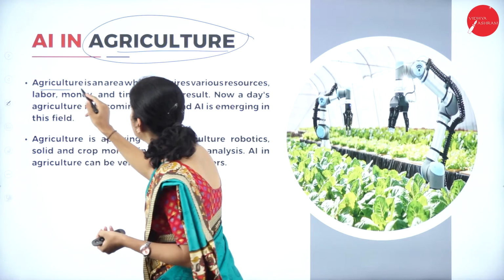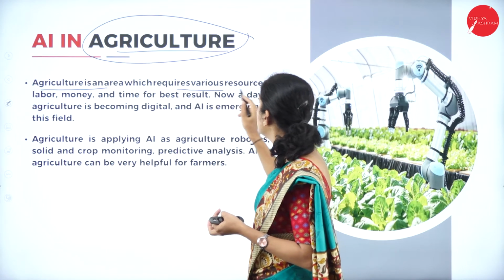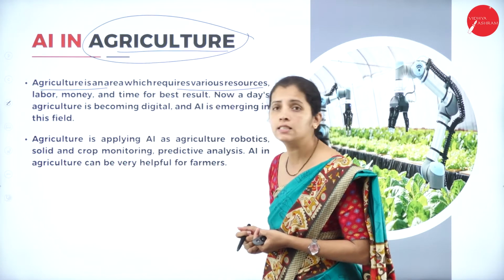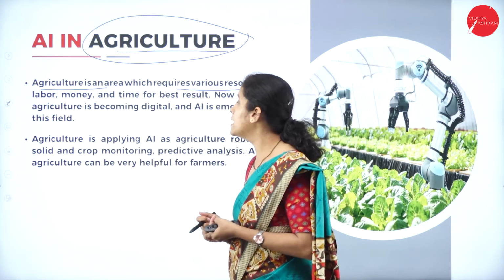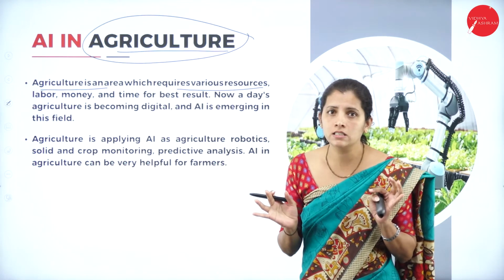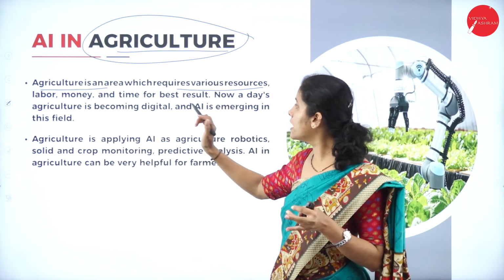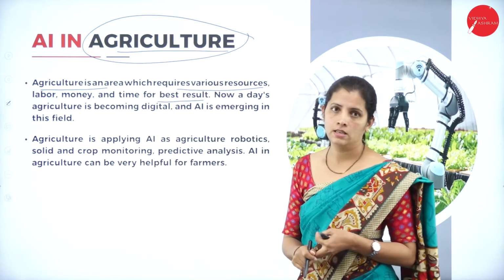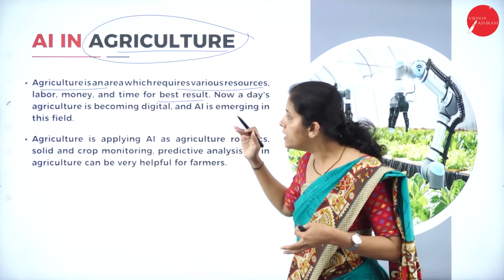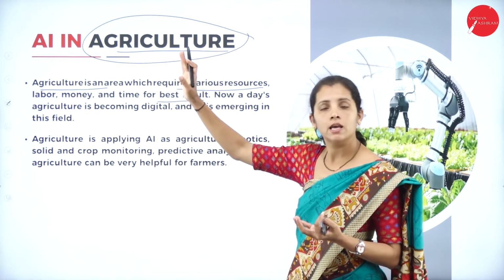So, agriculture is an area which requires various resources like labor, money, and time. If I consider any agriculture, it requires labor, money as well as time for the best result. Now, instead of labor, we can make use of AI machines.